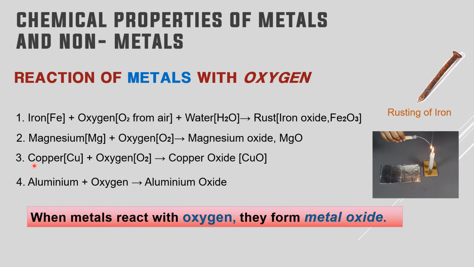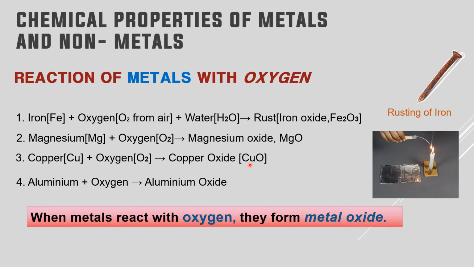And the third example is copper. Copper is also a metal, and it is represented as Cu, capital C and small letter u. It reacts with oxygen, O2, and gives copper oxide, CuO.